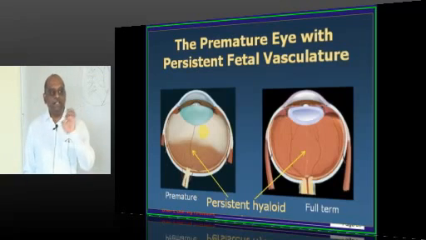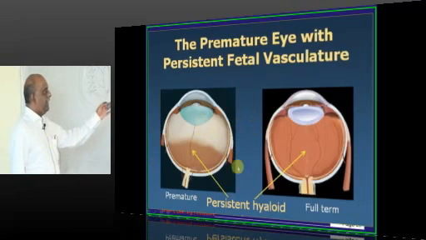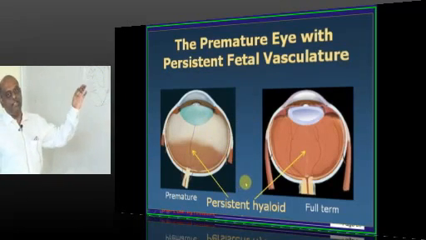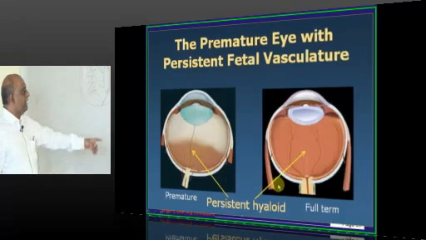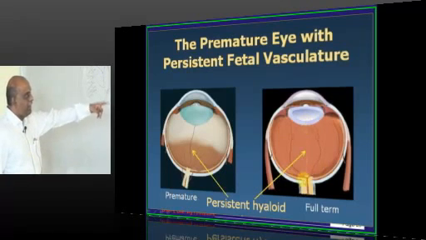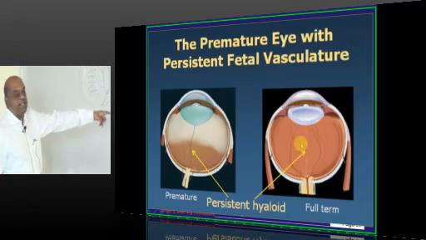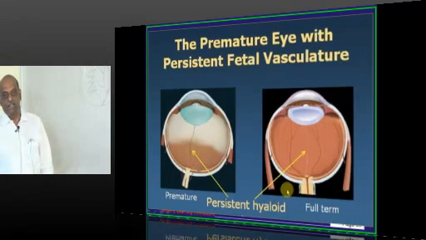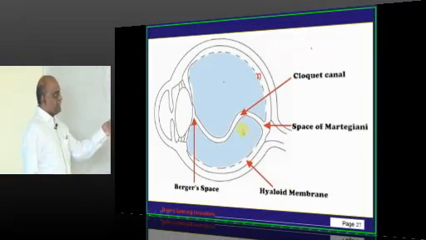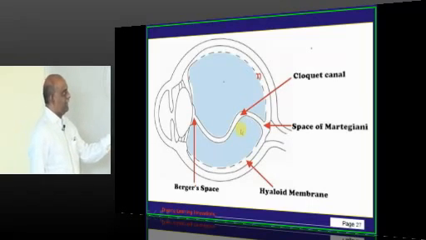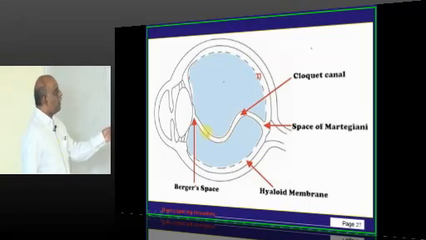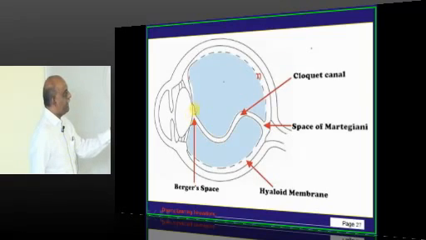Sometimes there can be a persistence of the fetal vasculature. Whenever the fetal vasculature persists, it leads to formation of some amount of a vestigial remnant inside the vitreous, and that structure which is left by it is called the Cloquet's canal, which leaves a Berger space. And how is this Cloquet's canal passing?